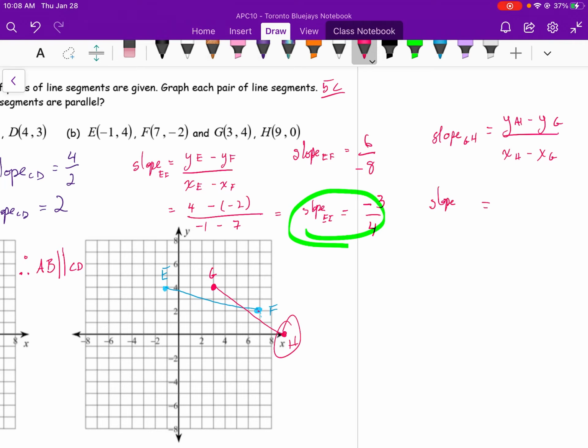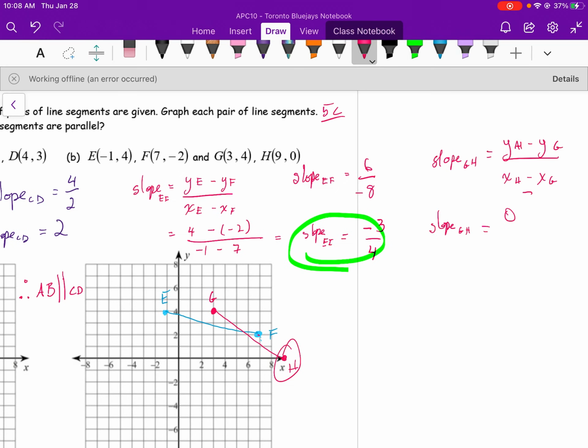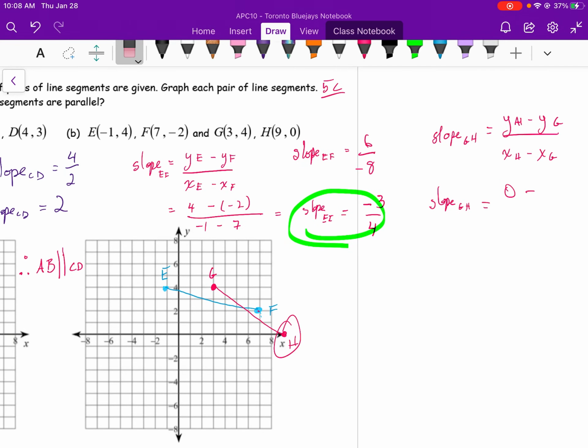So the slope of GH, the y of the H coordinate is 0 minus y of G, which is 4, divided by the x of H, which is 9, minus x of G, which is 3.